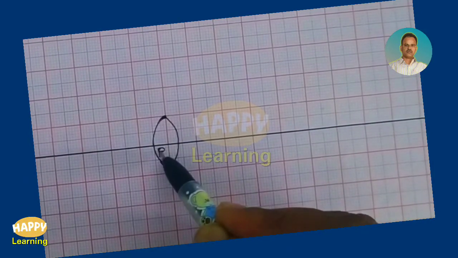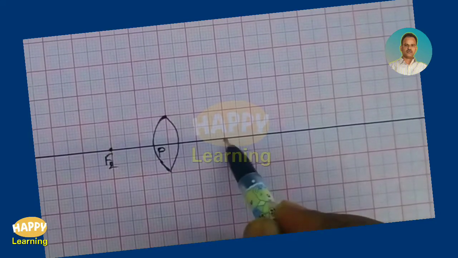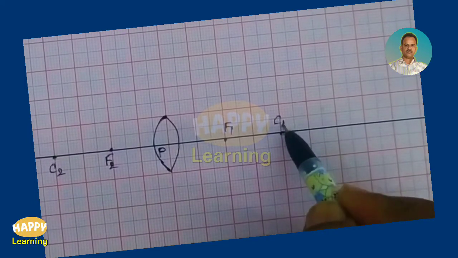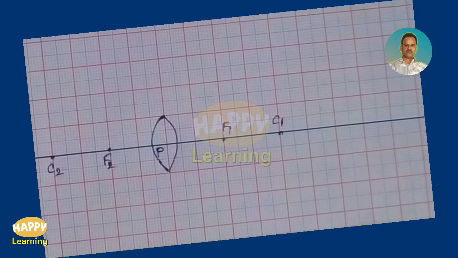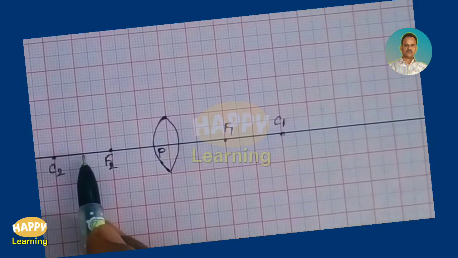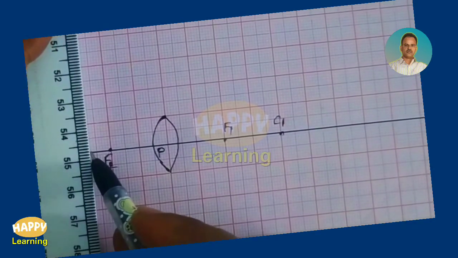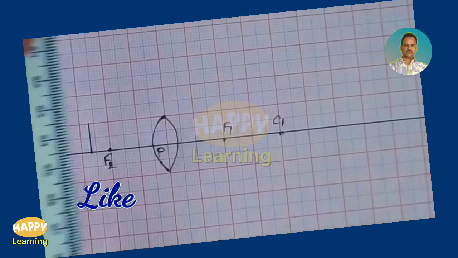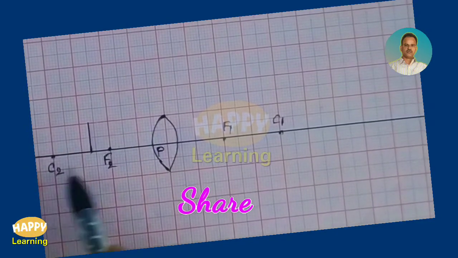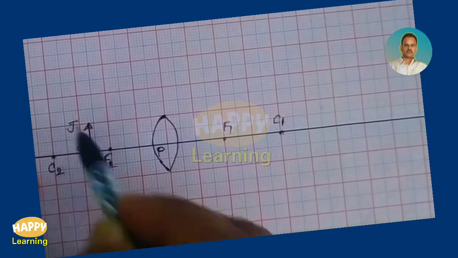Let it be optic center P. Suppose this is focus on this side and this is focus on this side. Suppose this is center of curvature on this side and this is center of curvature on this side. Now take an object in between C and F, not exactly at the center, it may be somewhere here. Suppose this is object OJ.